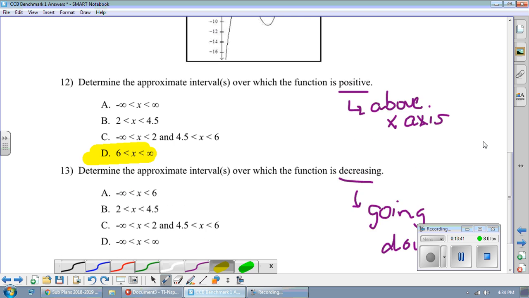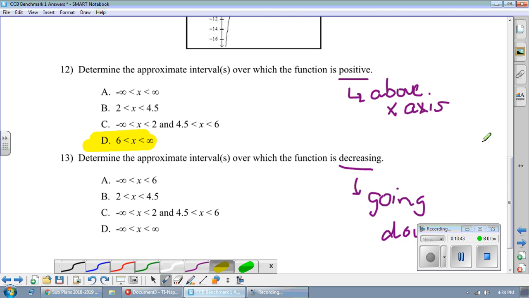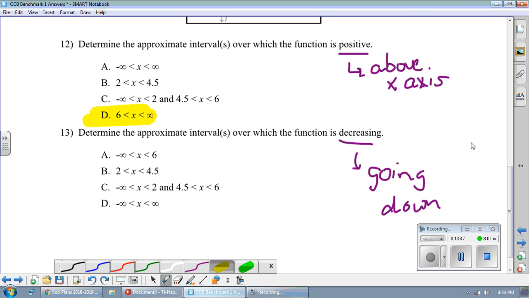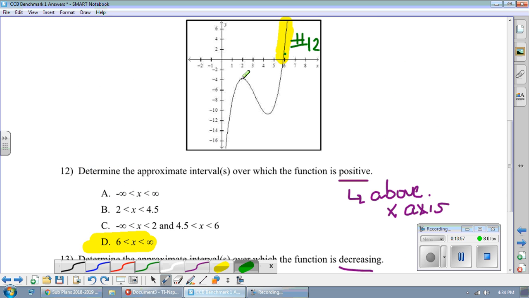Number 13 says determine the approximate interval or intervals over which the function is decreasing. Decreasing means where does the graph go down? Where is the graph going down? So when we look at the graph, it is going down in this interval right here.